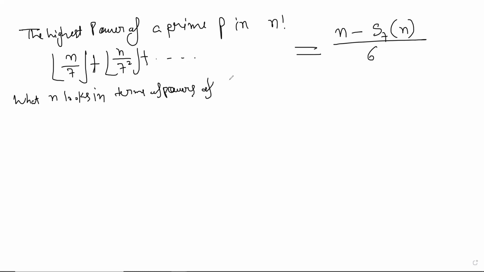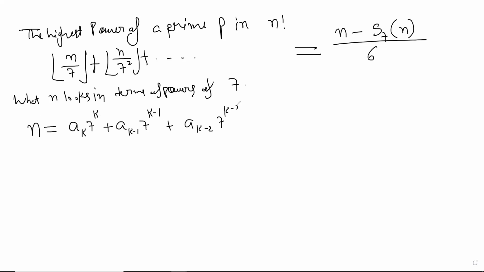Let's say you wrote it in terms of powers of 7 and you got something like this: a_k times 7 to the k, up to a_2 times 7 squared, a_1 times 7, and a_0.